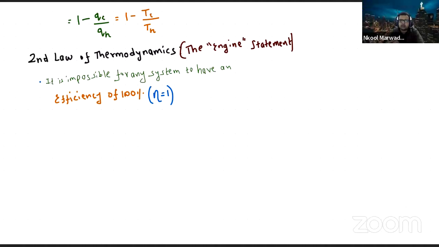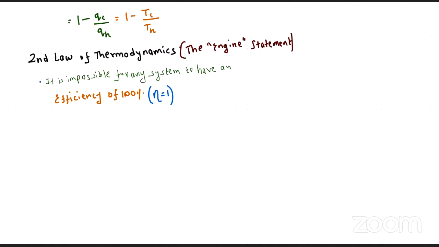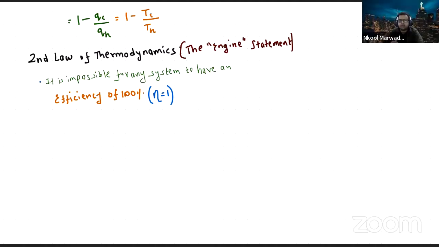Whatever heat we are absorbing, all of that we are converting into work, and that is not possible. It means that during the conversion process, whenever we are utilizing the heat, some heat always gets wasted, we lose it to the surroundings. So this is what the second law says.